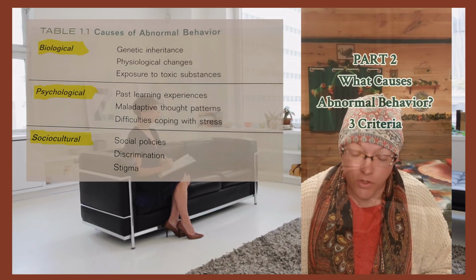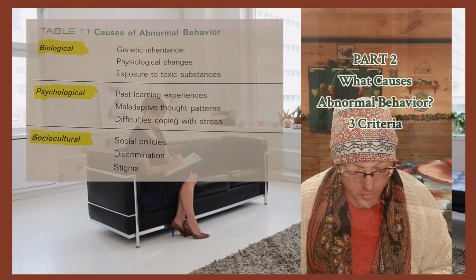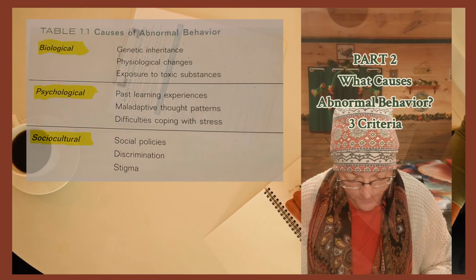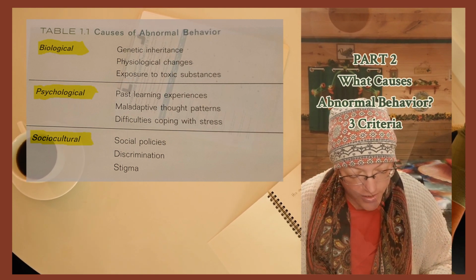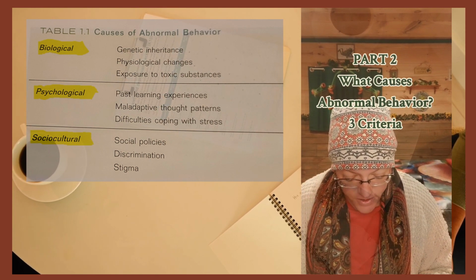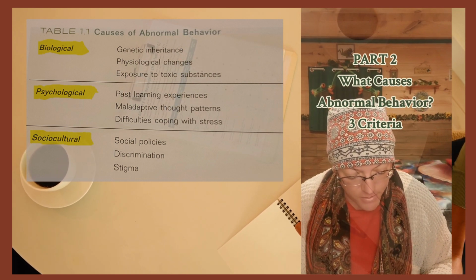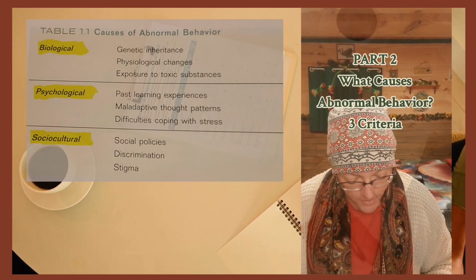Next is psychological causes. Psychological causes of abnormal behavior involve disturbances in thoughts and feelings. There are a variety of alternative explanations of abnormal behavior that focus on factors such as past learning experiences, maladaptive thought patterns, and difficulties coping with stress.